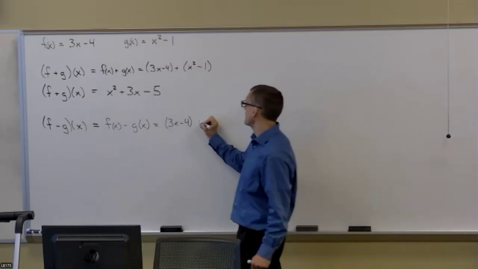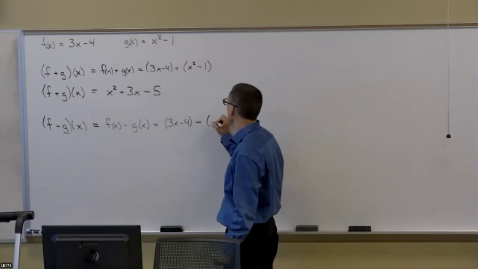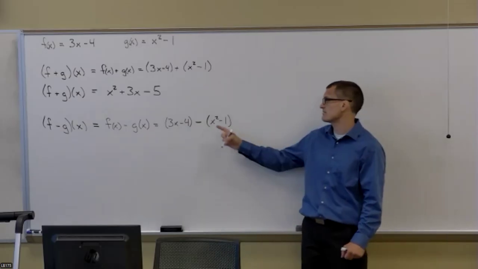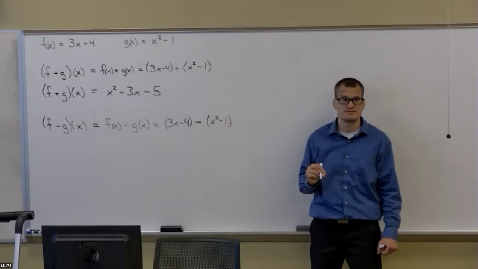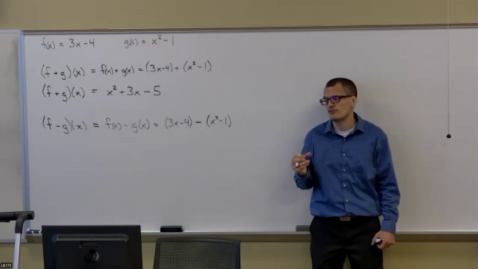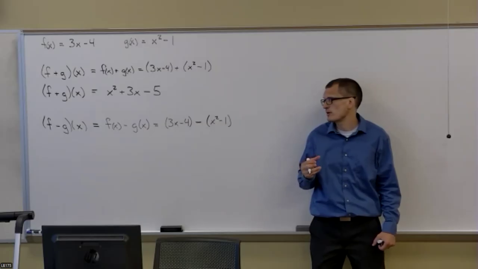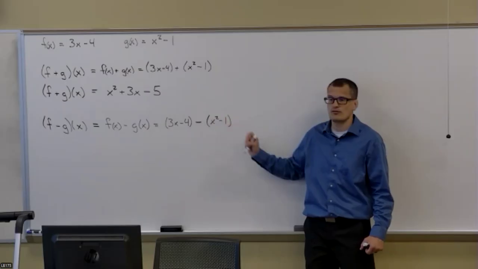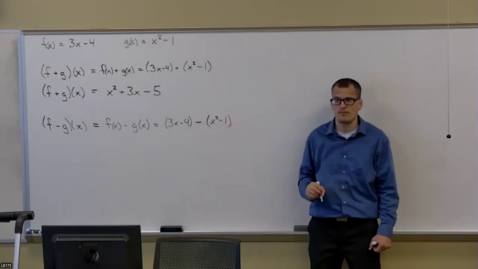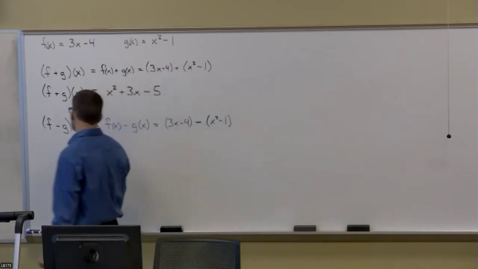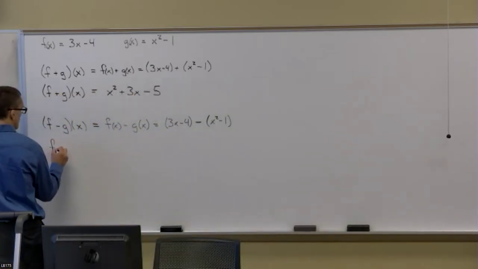So make sure you subtract x squared minus 1 entirely, and you don't just subtract x squared. In other words, put parentheses around the x squared minus 1, and that negative is going to distribute to both terms. So that's the only thing to watch out for, really. Other than that, fairly straightforward.